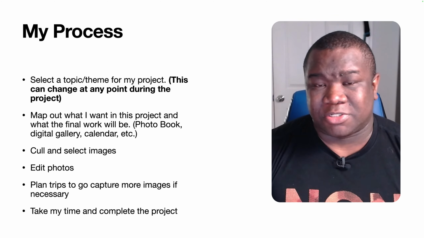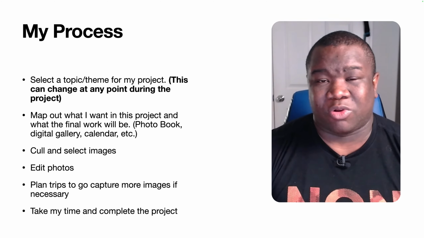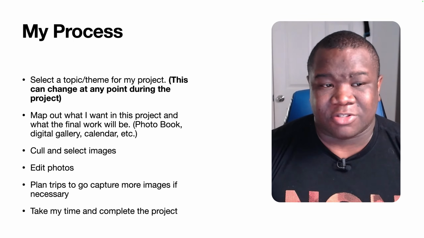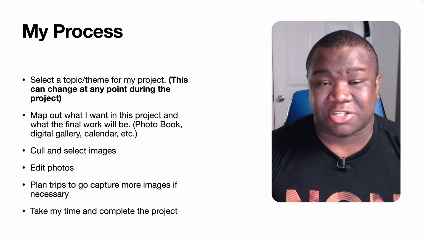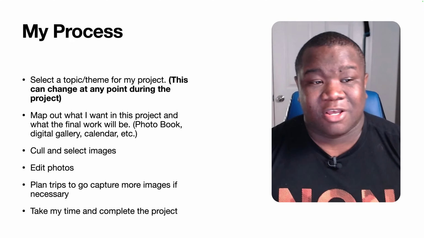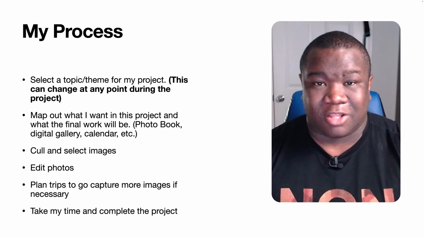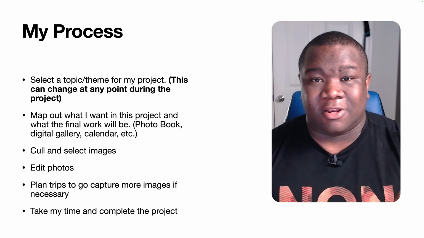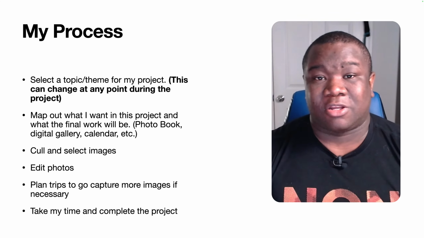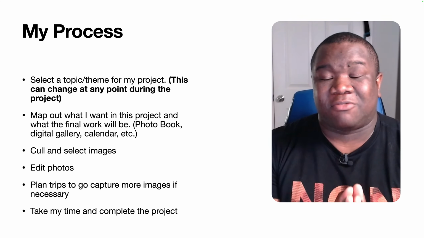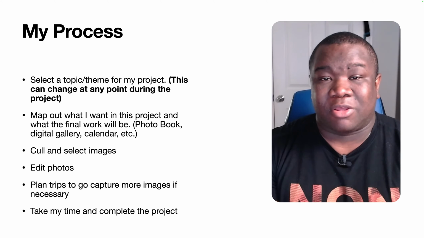But this is a very important step because this is what really reinforces bullet point number 1 of selecting your topic and theme. And at the point that you start culling and selecting your images, you may see that you have a ton of bird images.